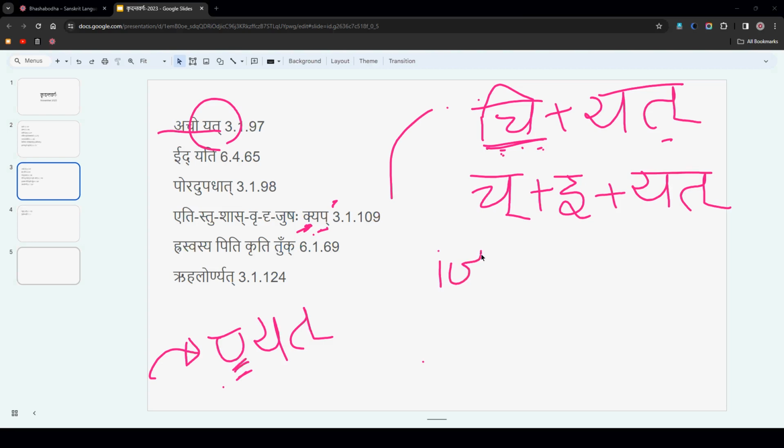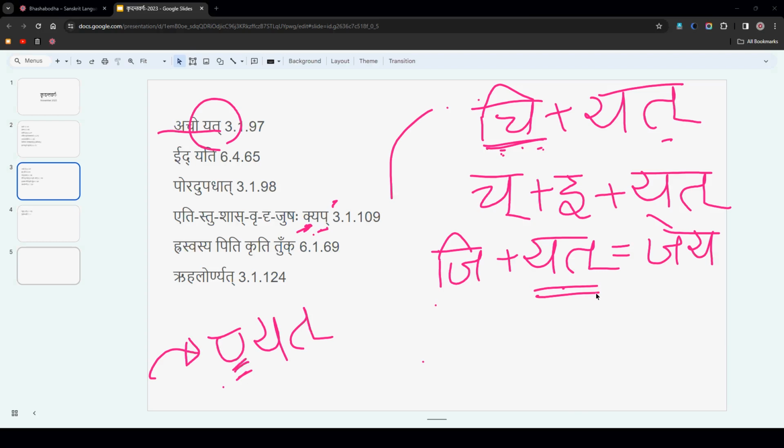Same thing with ji. Ji plus yat is jeya. We're talking about the it letter. So in chi plus yat or ji plus yat, in the pratyaya the it letter is takara, so that goes away, and ji plus ya remains here. Then i changes to e because of the guna happening there.